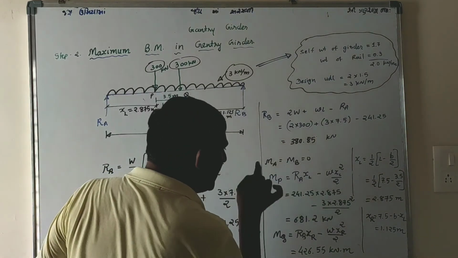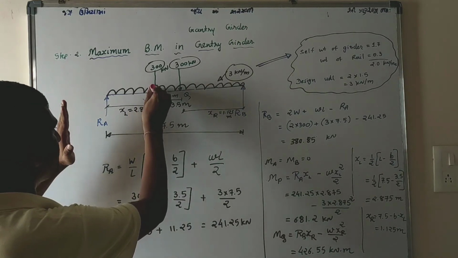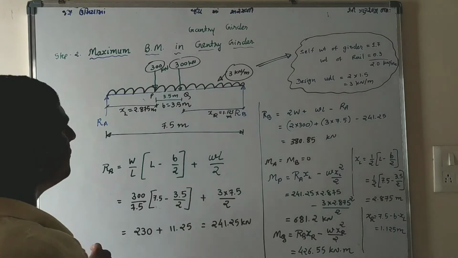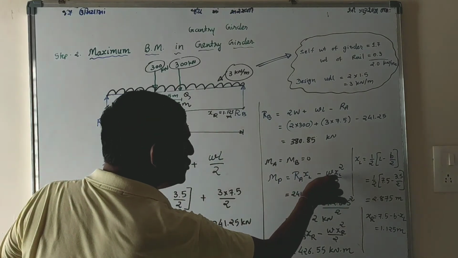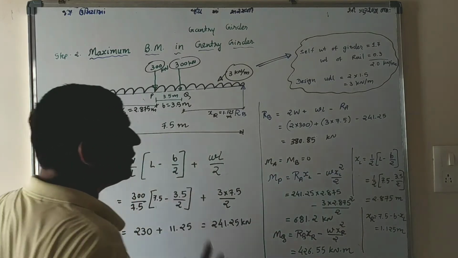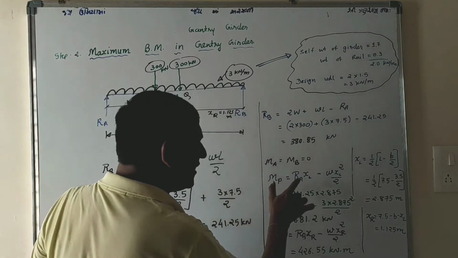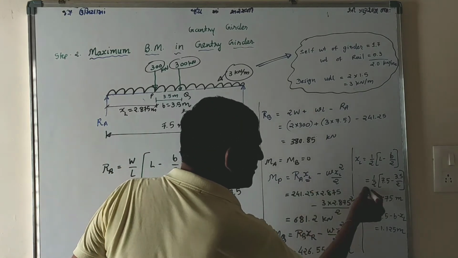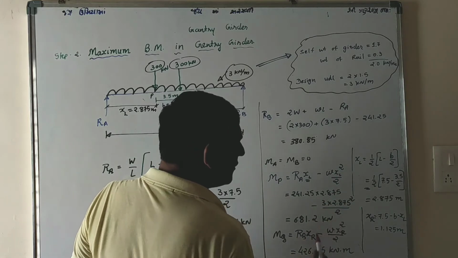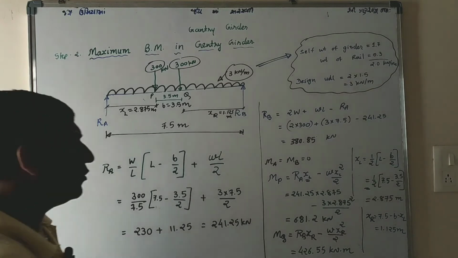Now moment at P, as we know, this is P point, reaction RA into your XL distance minus UDL moment. मतलब UDL moment is W X square by 2. So just putting the value, RA is already we found it out. XL is here, W is UDL, once again it is XL, and we get the 681.2 kilonewton meter.